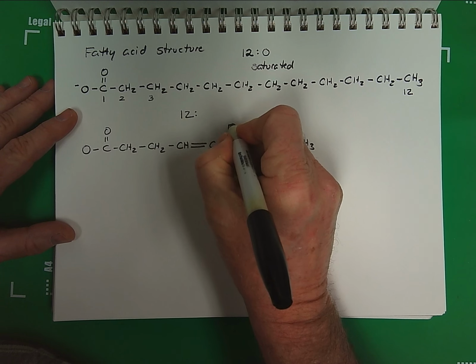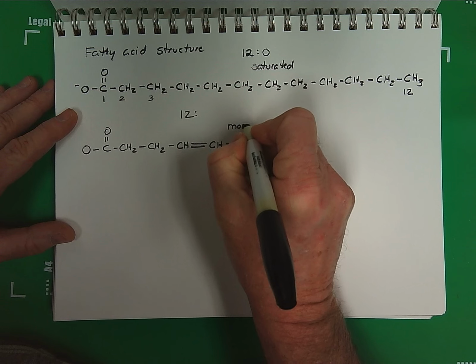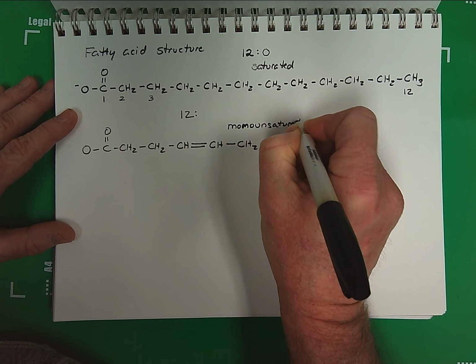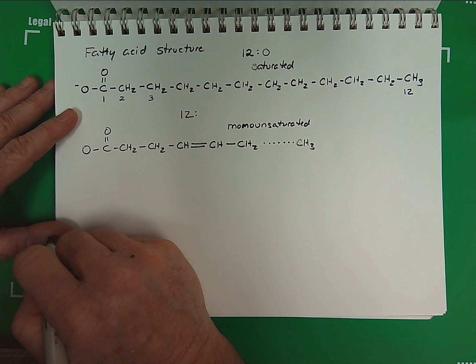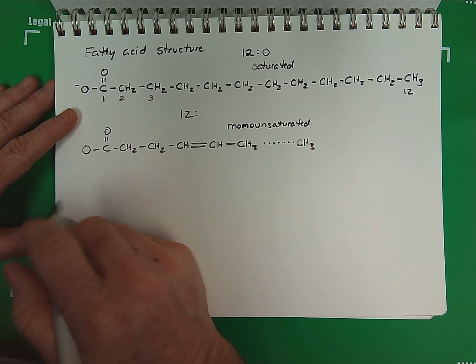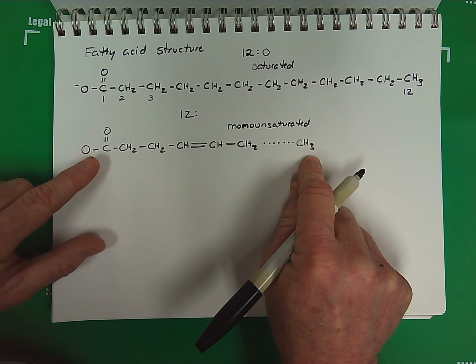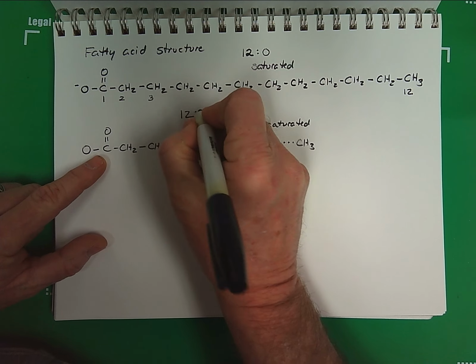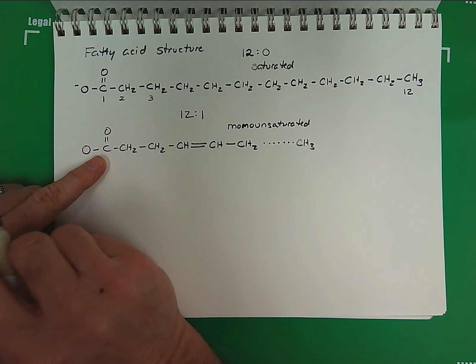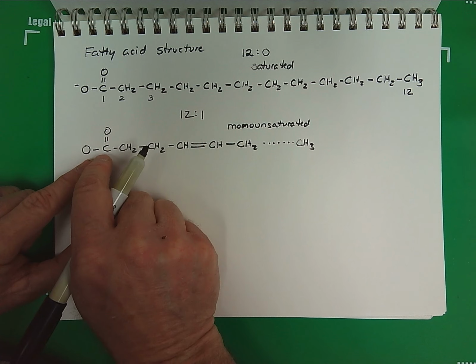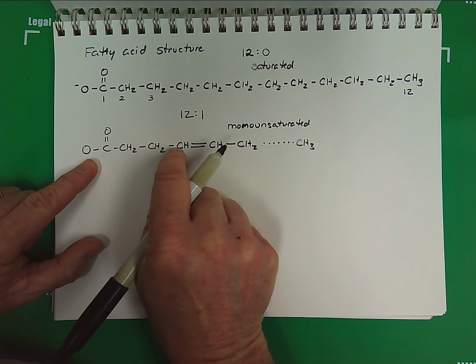Introducing one double bond makes this a monounsaturated fatty acid. In order to correctly label and describe this fatty acid, we are going to indicate that there is one double bond, and this double bond begins at carbon 1, 2, 3, 4.